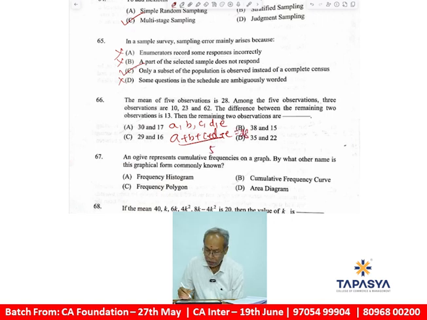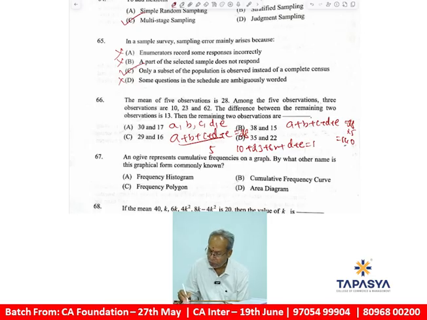So the sum of all these, A plus B plus C plus D plus E, is equal to 28 into 5, and this becomes 140. Among the 5 observations, 3 are given: 10 plus 23 plus 62 plus D plus E is equal to 140.